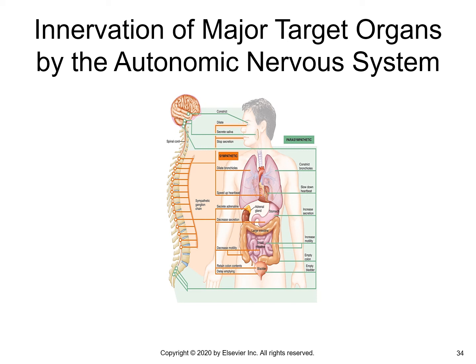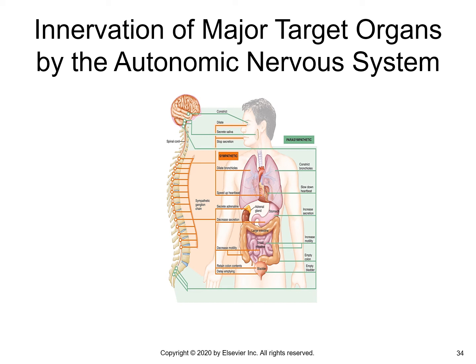The eyeballs dilate and constrict. We secrete saliva. We stop secretion. This is the sympathetic nervous system: our bronchi dilate, it speeds up the heartbeat, secretes adrenaline, decreases secretions, decreases motility, retains colon contents, delays emptying.